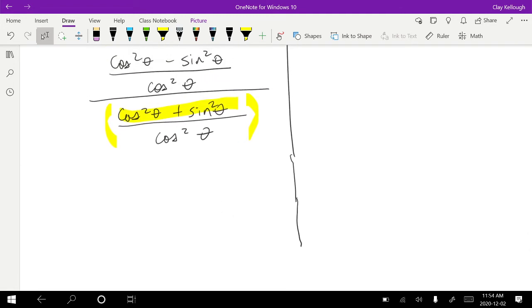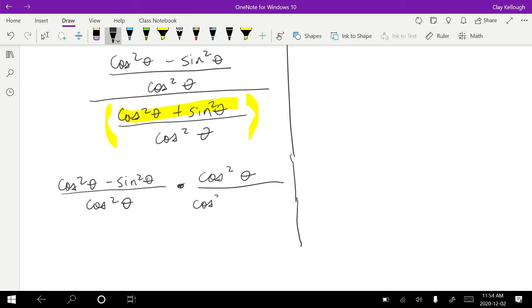So I'm going to, first of all, change this to cos squared theta minus sine squared theta all over cos squared theta. And instead of divide by a fraction, I'm going to multiply by the reciprocal. So, you can cancel factors. And I know that this whole thing here is 1.